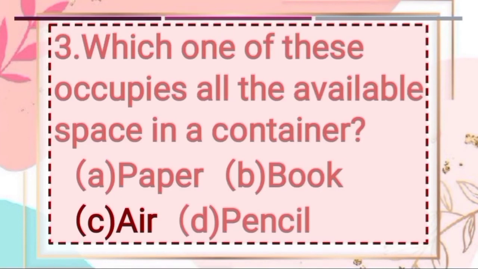Which one of these occupies all the available space in container? The answer is air, because unlike liquid, gases like air can also occupy all the available space in container.